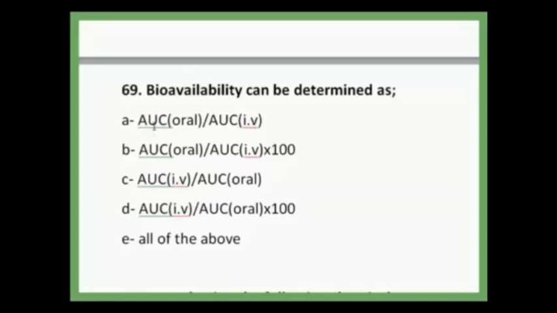That is area under the curve for oral route divided by area under the curve for IV route, and so on. The options are there. Actually the correct answer in this is AUC oral divided by AUC IV multiplied by 100. So this is the correct answer.